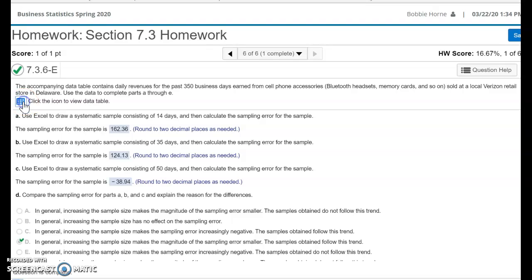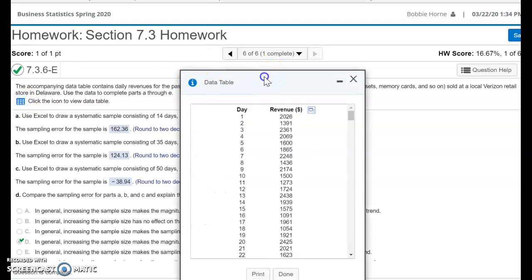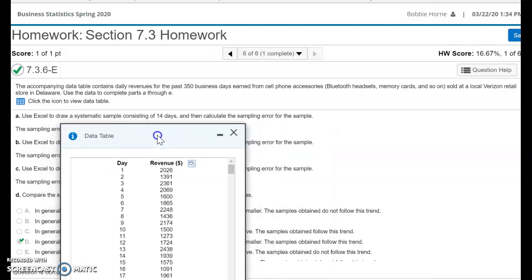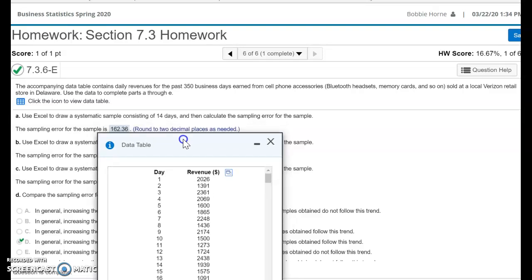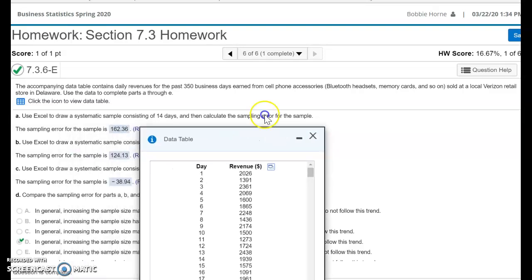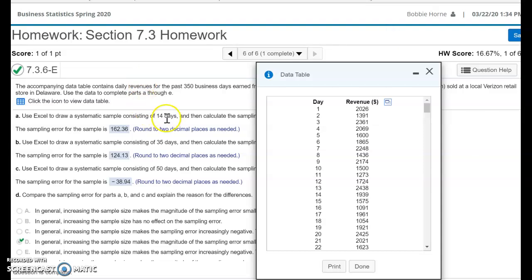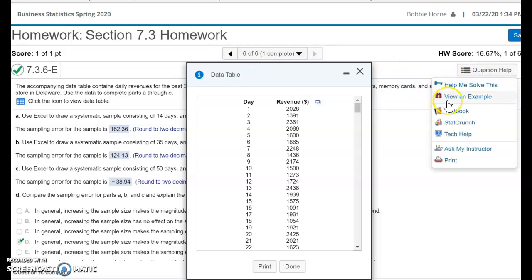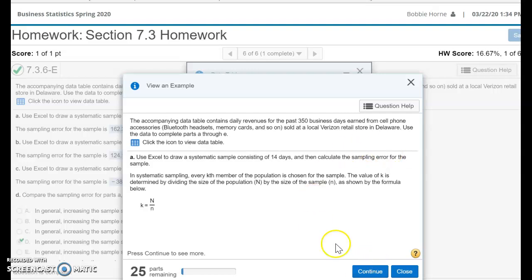So let's open the data table, and it wants us to use Excel to draw a systematic sample consisting of 14 days and then calculate the sampling error for the sample. So for 14 days, our formula to figure out how our systematic sample should be drawn is to compute K, which is the population size divided by the sample size.